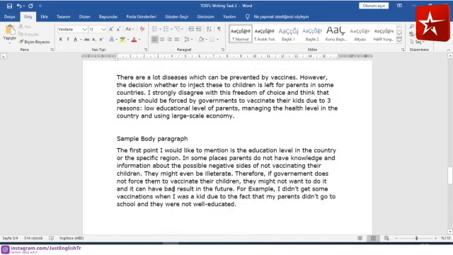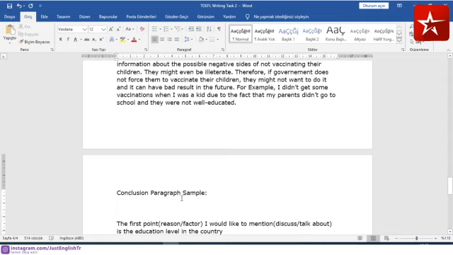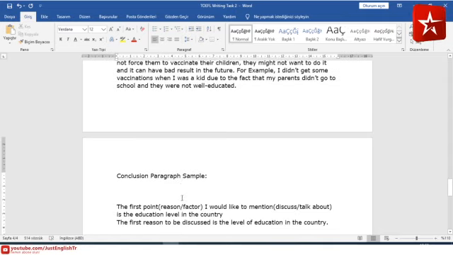I strongly disagree, blah, blah, blah. As I see, I don't have a lot of time, so maybe I will write something very short for the conclusion paragraph. And I remember that my body paragraphs are very long, so I don't need to write a very long paragraph for the conclusion. I can write something like this, taking everything into consideration.